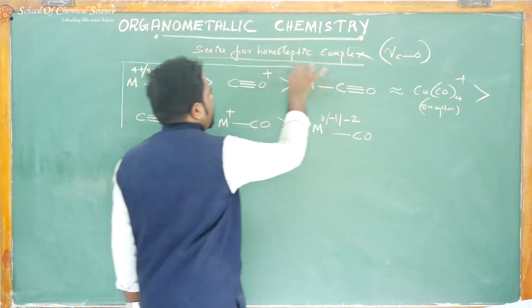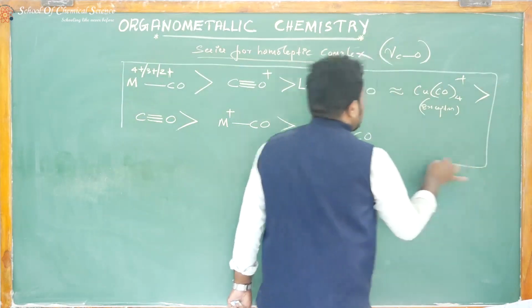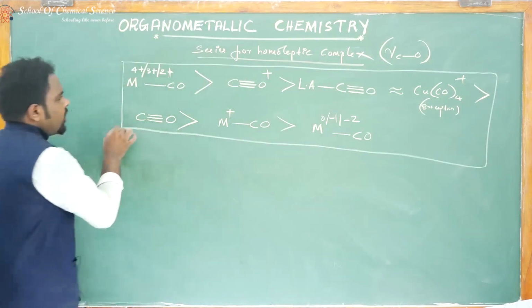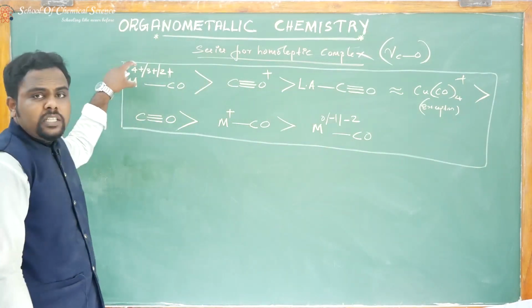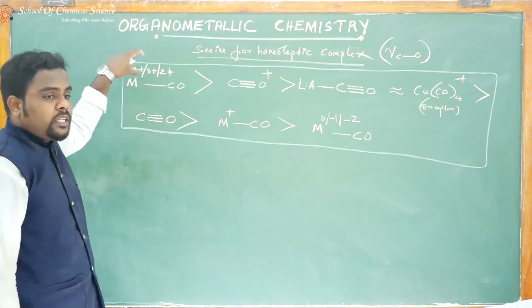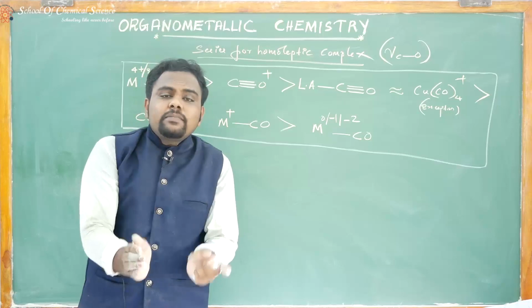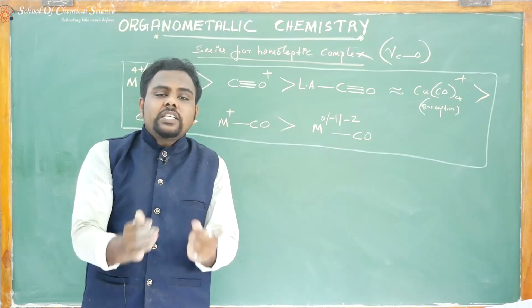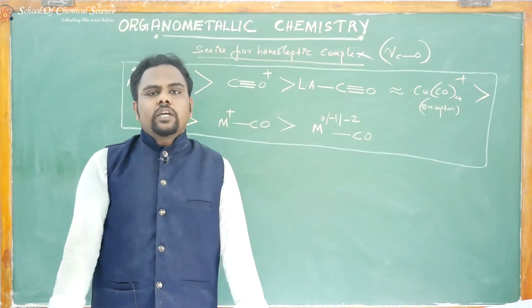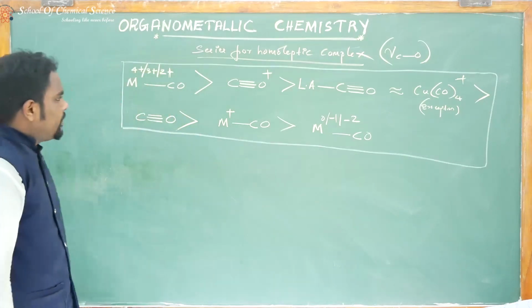Stretching frequency. If you study this chart, you can easily work out the questions of homoleptic complex. Higher the positive charge, less electron density on metal, less back donation, high CO stretching frequency. Clear? That's the concept.